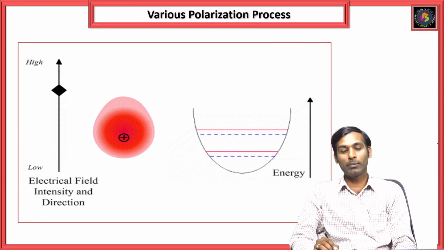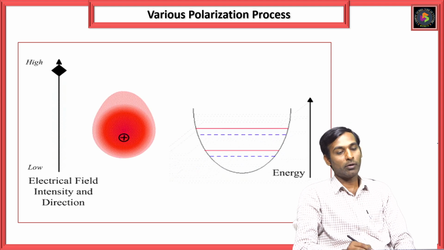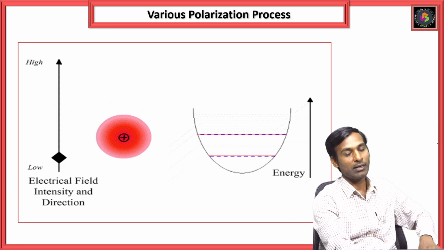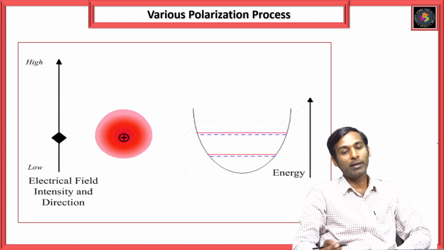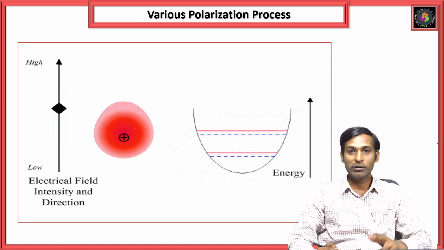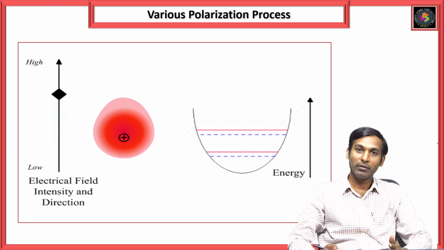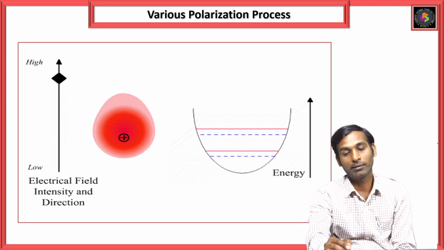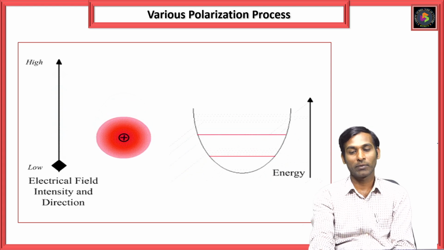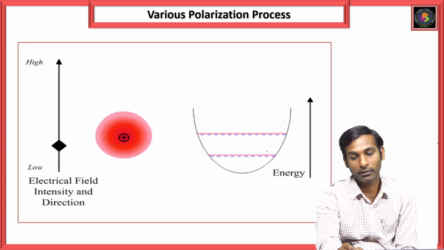Coming to the diagram, I am taking the electric field intensity and its direction. If you increase the electric field intensity from a low level to a higher level, the polarized atom will be changed into the unpolarized atom. That means the displacement will be changed from one end to the other end. Now you can see the electron energy level. If it is polarized, the energy level will be similar.